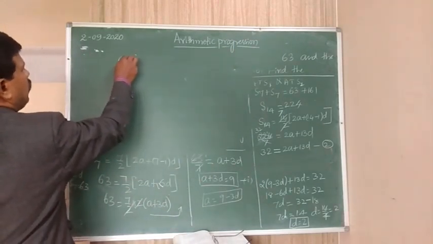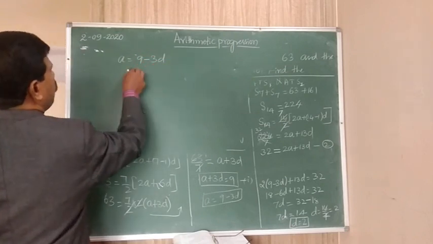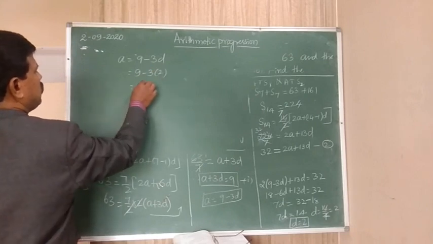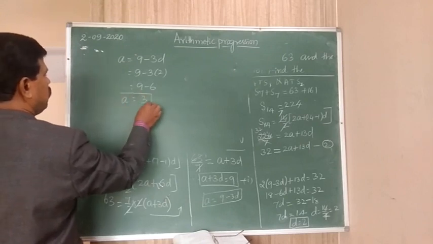Now a is equal to 9 minus 3d, then 9 minus 3 of 2, that is 9 minus 6 is 3. A is equal to 3.